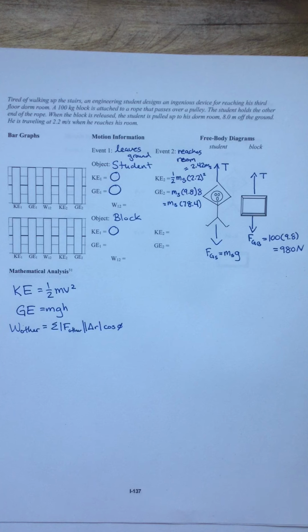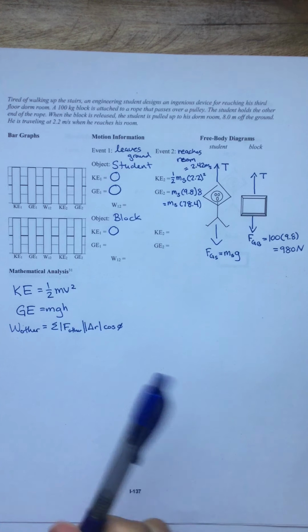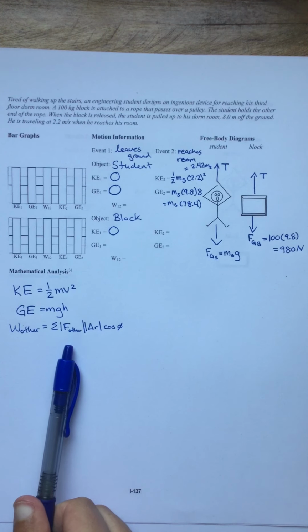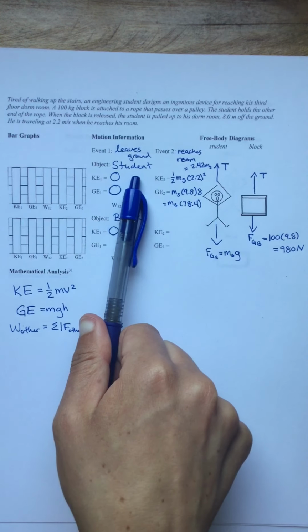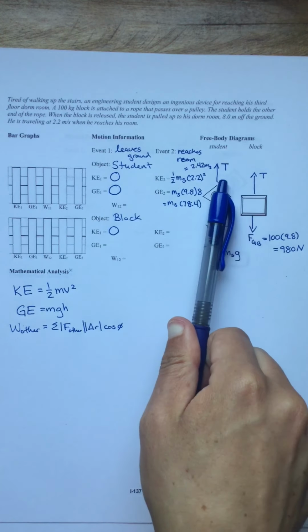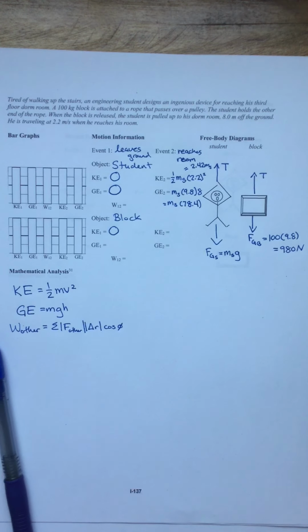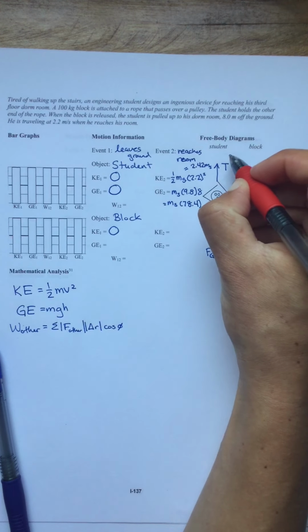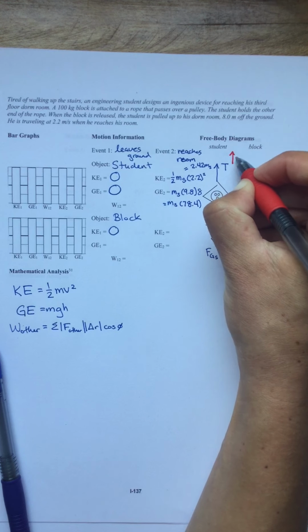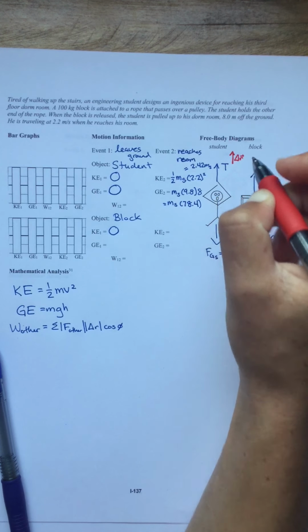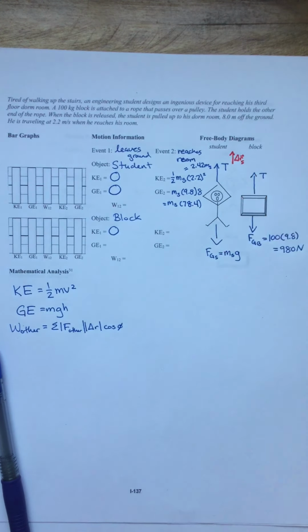Okay, and then for the work, this is work done by forces other than gravity. We're looking at the student here. Tension is upward. The student is moving upward, so the student's displacement is upward.